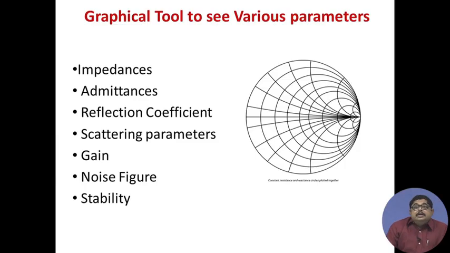Then I said that RF amplifiers have stability problems; whether an amplifier is stable or not, we can plot on this. So, you see various RF parameters of importance can be simultaneously displayed in the Smith chart.